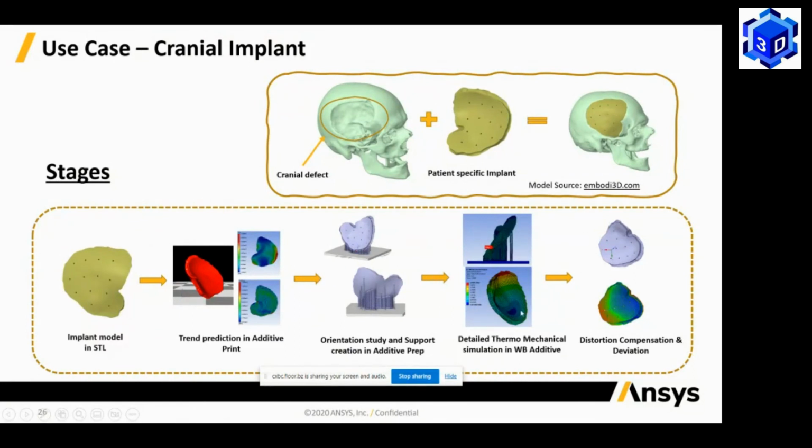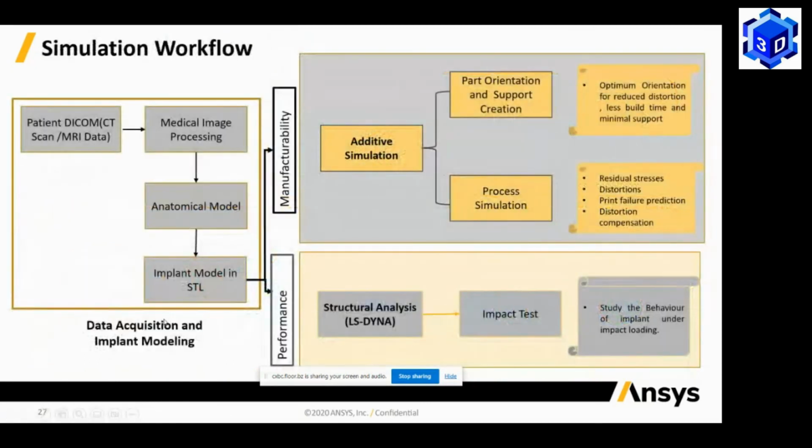We have done a detailed thermomechanical simulation to understand the manufacturability of this implant, and later we checked the performance of the implant by doing an impact test, where a ball is hitting this implant, to understand the stresses and deformations occurring at the implant because of this kind of impact.